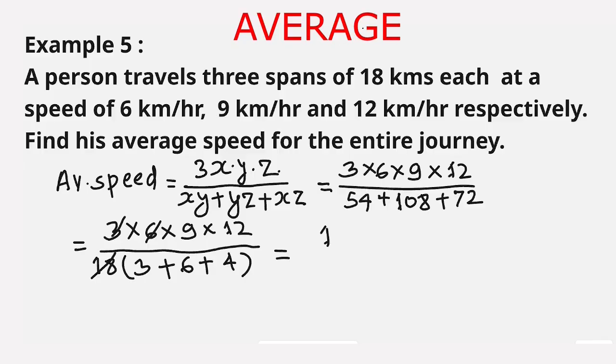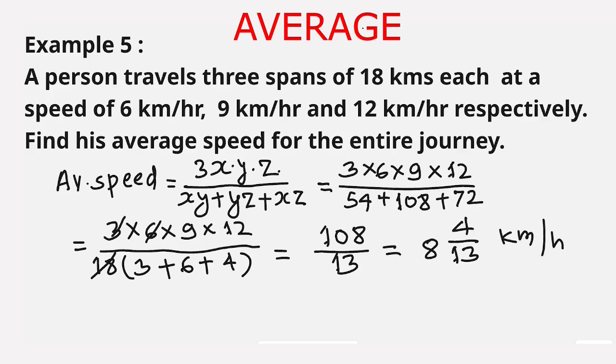So we write it as 108 divided by 3 plus 6 is 9 plus 4 is 13. So it is 108 divided by 13. So this is 8 whole and 4 upon 13 kilometer per hour.